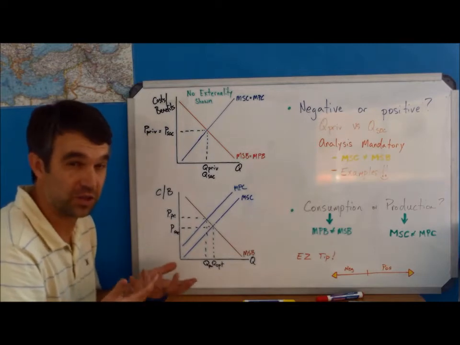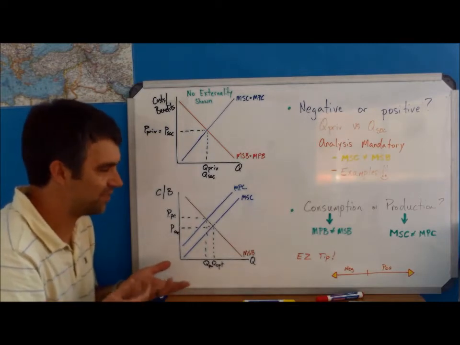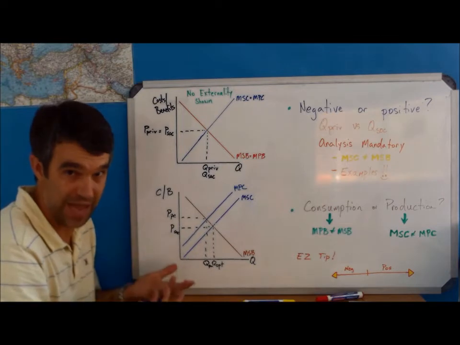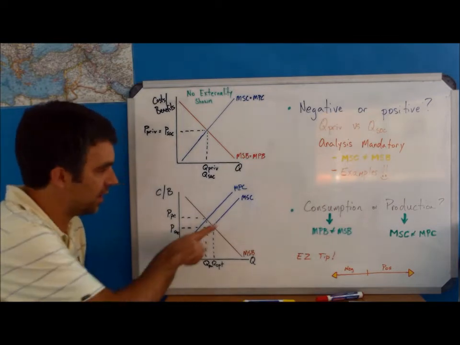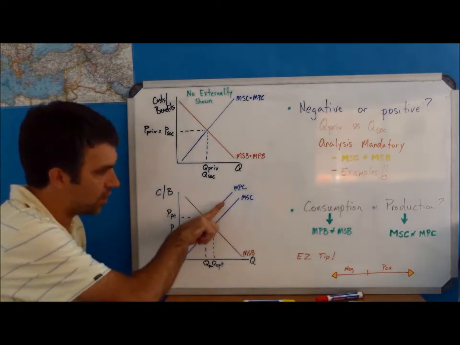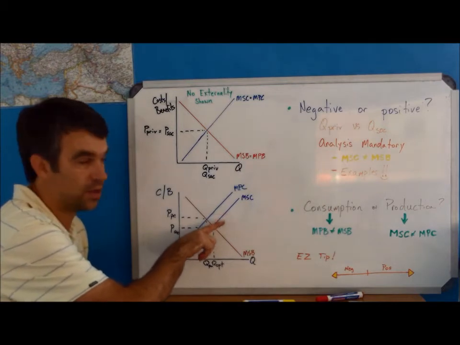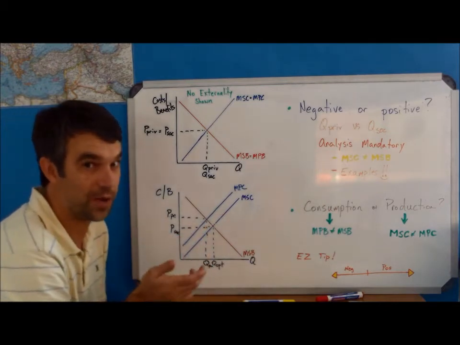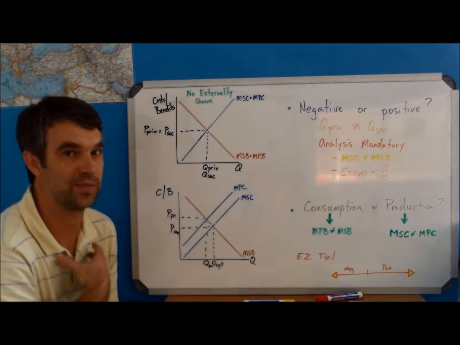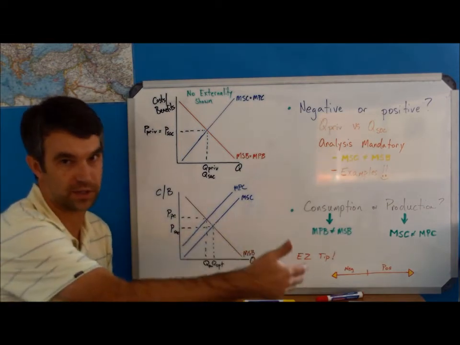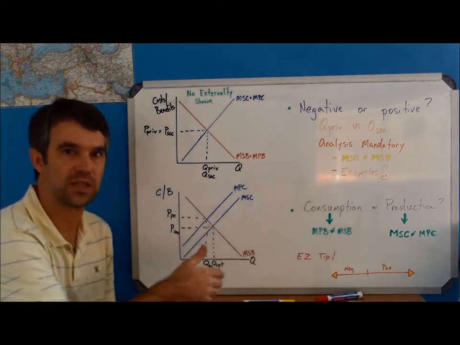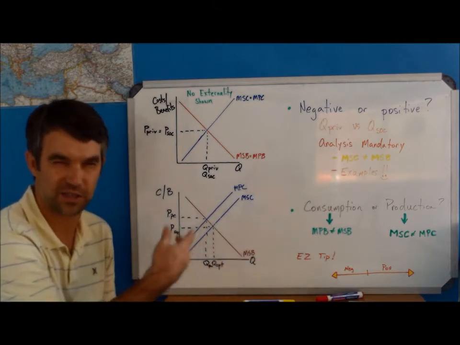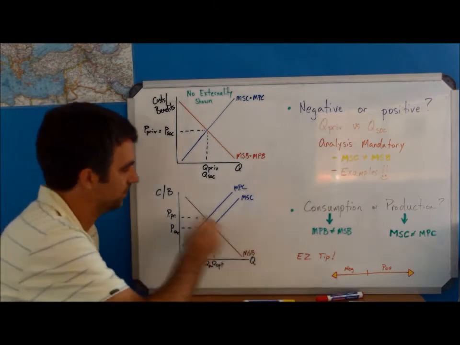It might be a little bit useful in doing your analysis, but it's really not required because what matters to make it right or wrong is that the private costs are greater than the social costs. So that might have been a clue to you already. If what it costs me is greater than what it costs society, that doesn't actually sound like a bad thing for society. It means they're saving some money somehow.